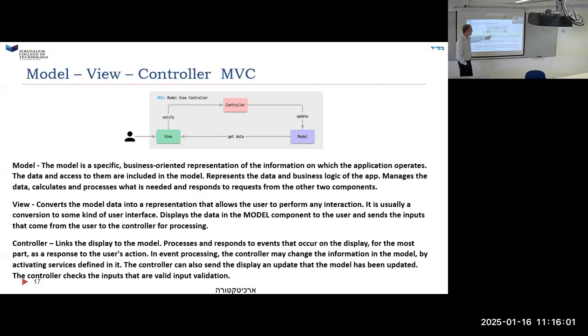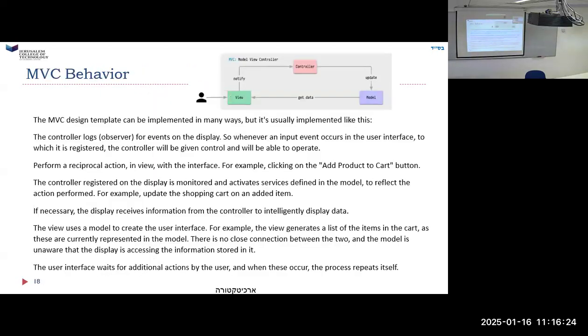There'll be some kind of access to it, like an SQL query. It represents the data the business manages, calculates the process, what is needed, and responds to requests from the other two components. The view converts the model into a view. The controller links the display and the model. Okay. If you have questions, you should ask them.